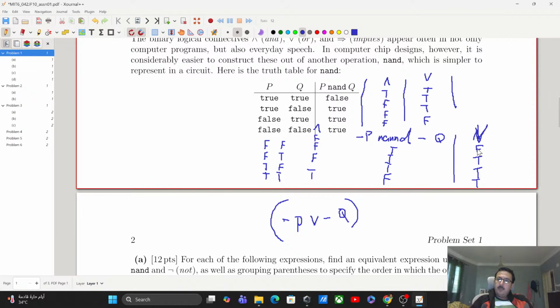It's going to give me true, true, true. No, true, false. Cut it. It's going to give me true, true, true.